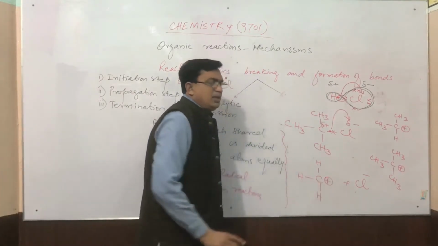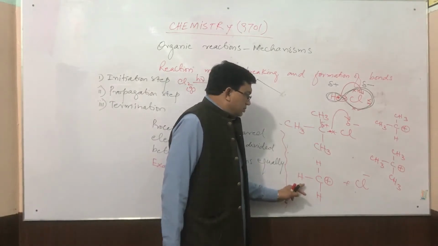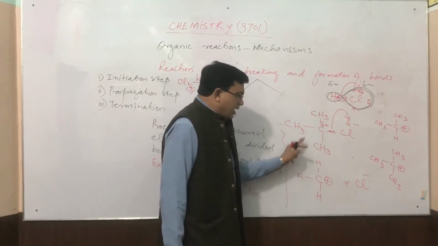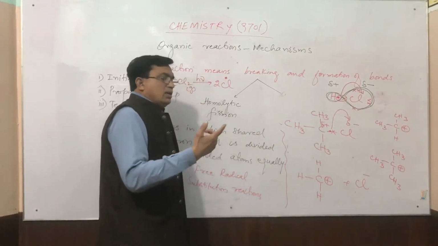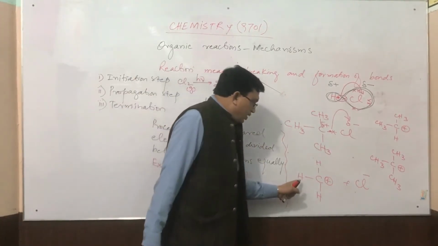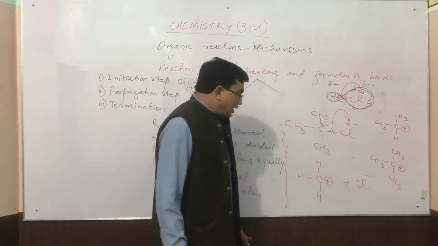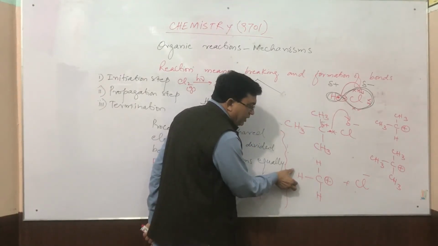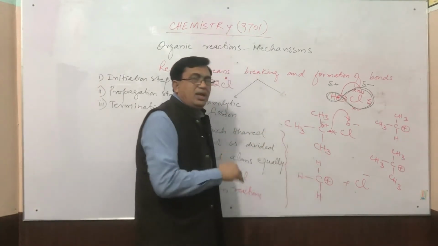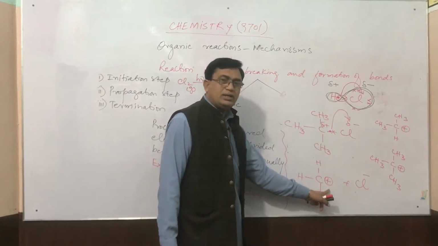In the case of the primary carbocation, there is no alkyl group, or maybe only one alkyl group. That's why the positive inductive effect of alkyl groups remains minimum in the primary carbocation.